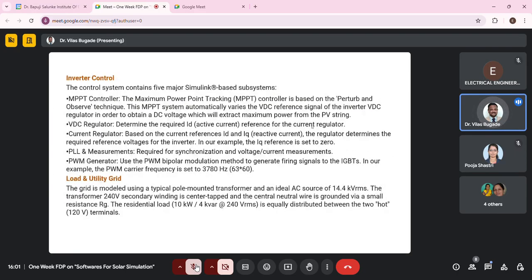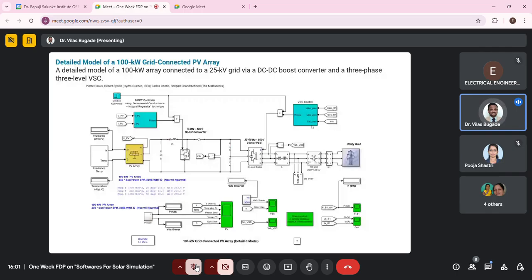Another model I have is a 100 kilowatt grid connected PV array with utility, where three phase three level voltage sources are to be used. Here on this side, these blocks are available. The faculty are already familiar with MATLAB, so I'm not going into more detail.